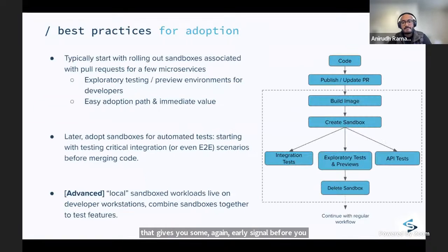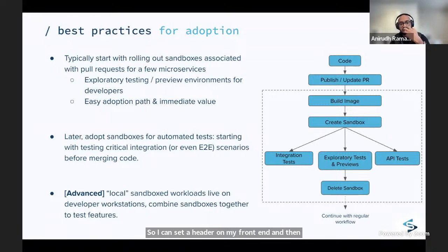So these are a few best practices we've seen from people building and adopting systems like this. Typically, they roll out for some subset of microservices, usually backend API-based microservices, where the benefit is immediate: I can set a header on my front end and then immediately start testing my backend changes.